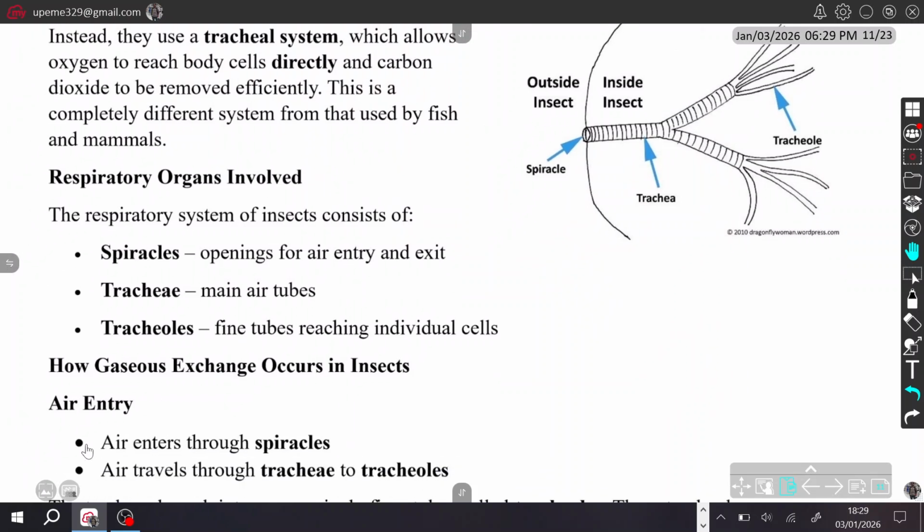So there we are saying air entry. Air enters through the spiracle. Then air travels through the trachea to the tracheoles. So it will travel through the trachea, this one. Then it will reach those smaller ones, which are the tracheoles.